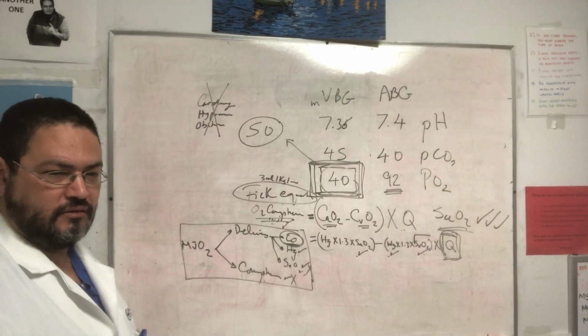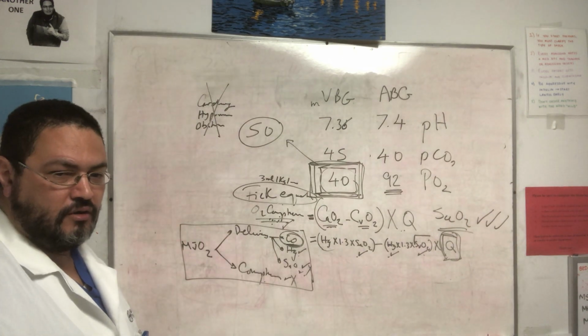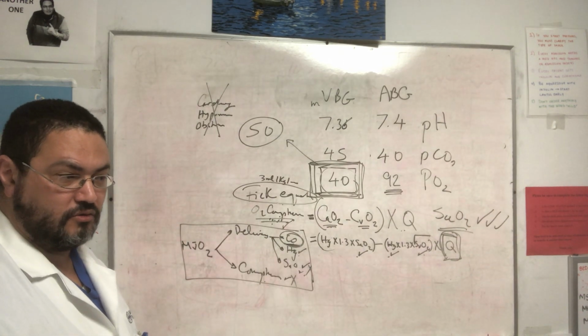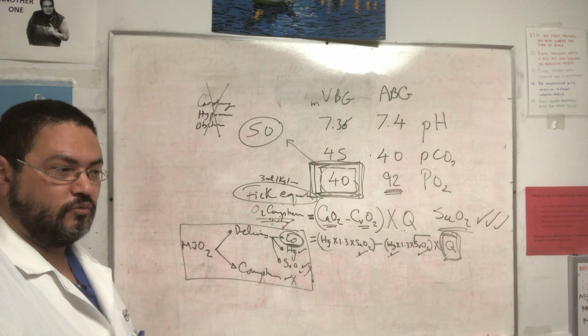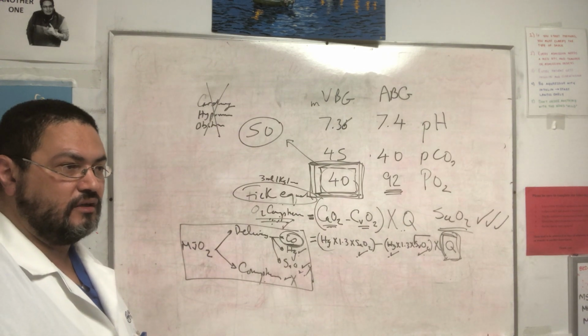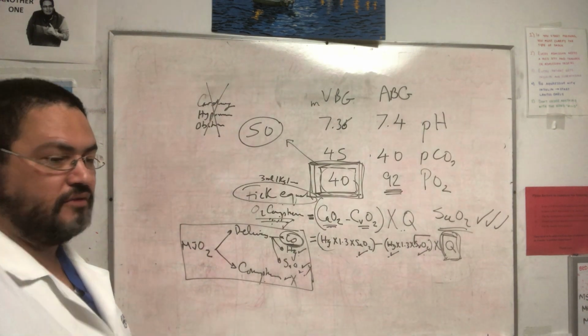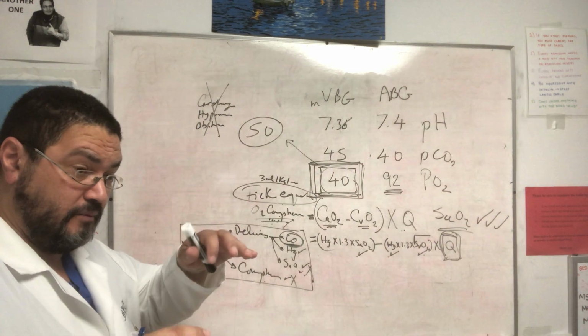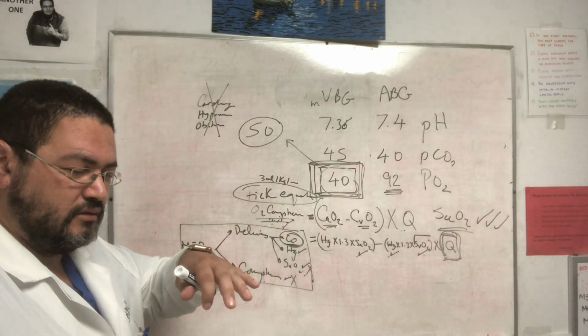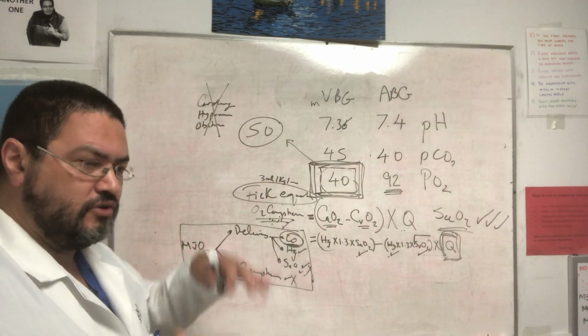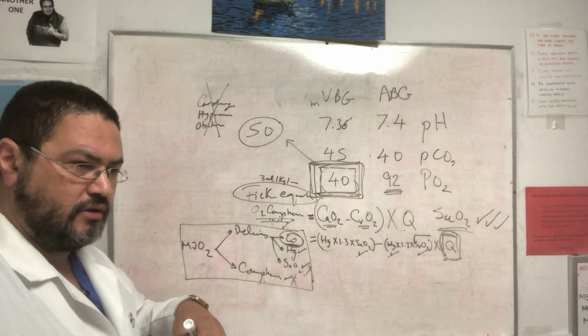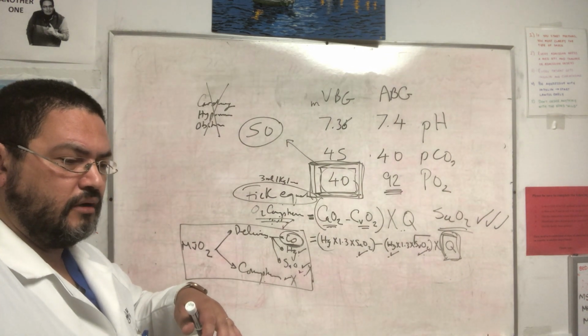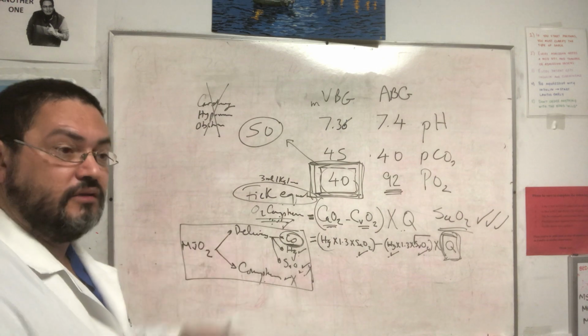It can be anything. It can be any type of shock, because now we found out, thanks to Emmanuel Rivers, that the low VBG, or low PO2 on the VBG, can be in early sepsis.